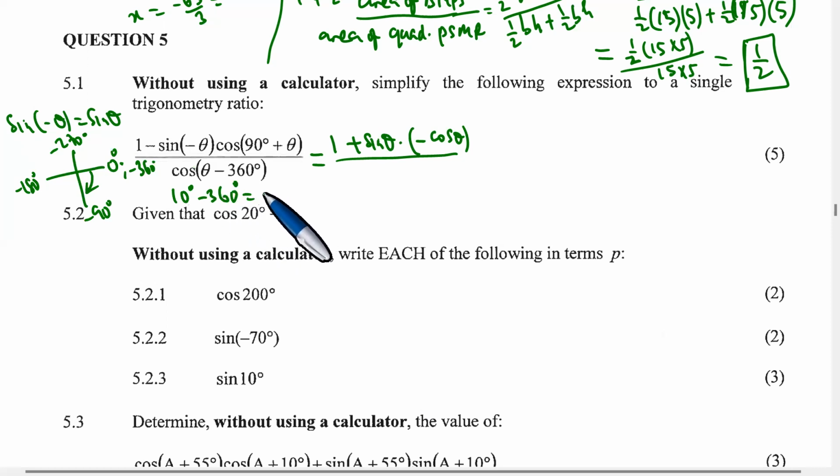It will become minus 350 degrees. After you pass minus 270, you say minus 350, then minus 360, with a 10 degrees difference. That puts it in the first quadrant, in which all the functions remain positive. If they remain positive, then it becomes just positive cosine theta.